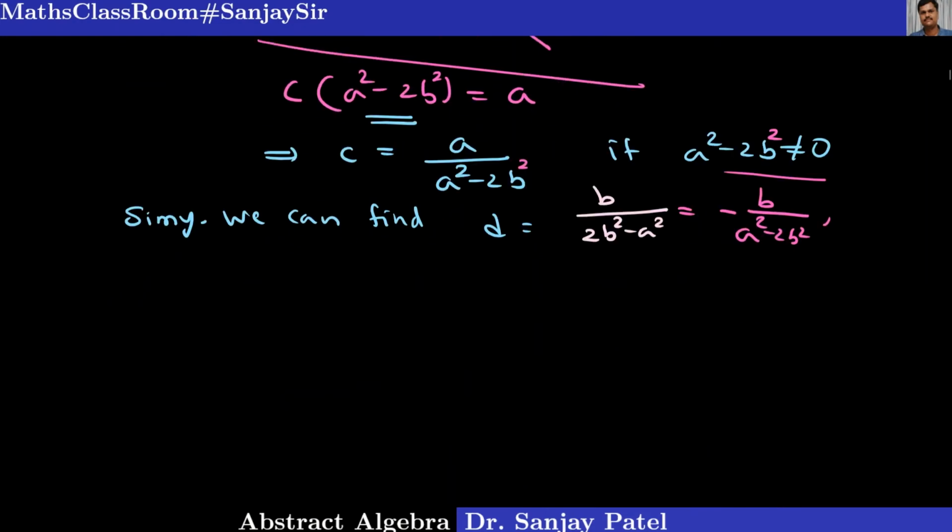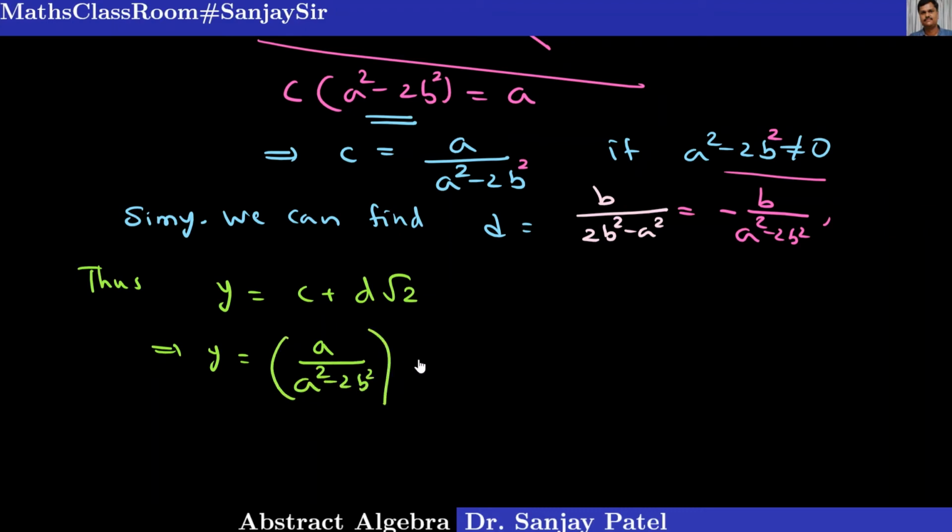So thus the element y, which is c plus d times root 2, we can write as y is equal to a upon a square minus 2b square, plus minus b upon a square minus 2b square times root 2.